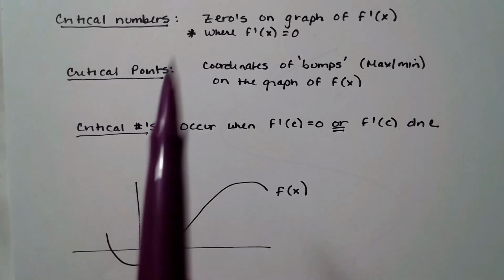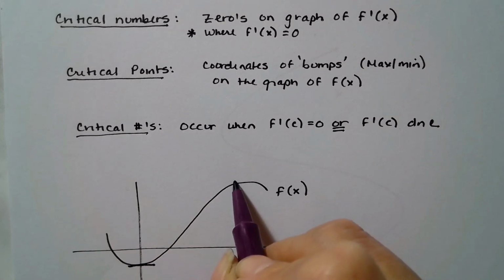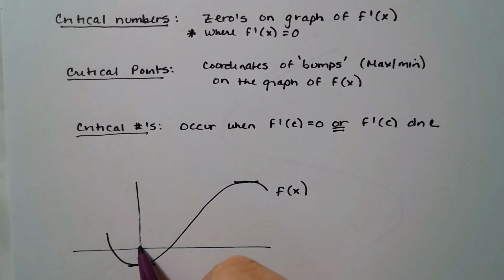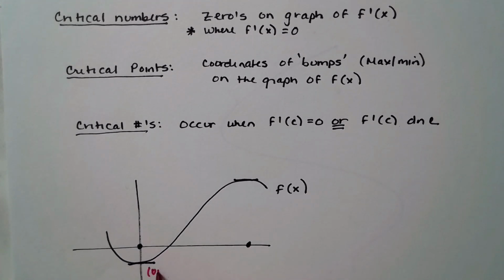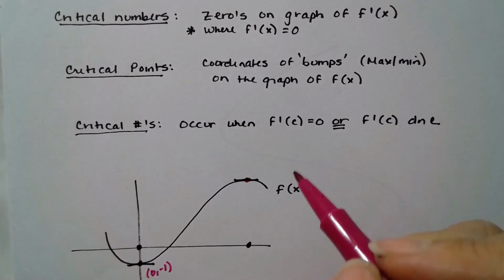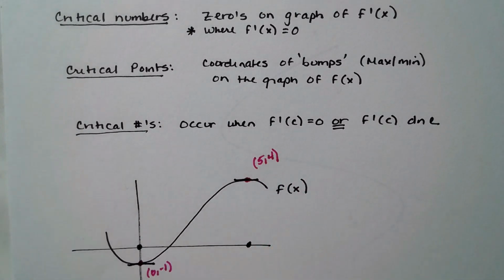The critical points are points on this graph of f that I drew, such that when I draw a tangent line to those points, the slope of the tangent line is 0. So those are going to project onto the graph of f prime as the zeros of the graph of f prime. Make sense? On this graph, let's just say this point right here is (0, -1) or something, and this point right here on the graph of f is, I don't know, (5, 4) something.